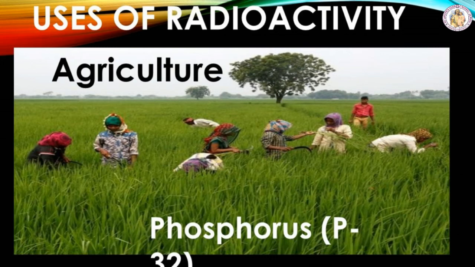Many radioisotopes can be obtained from radioactivity. These radioisotopes have found a wide variety of applications in the fields of medicine, agriculture, industry and archaeological research. Let's see agriculture. The radioisotope of phosphorus, P-32, helps to increase the productivity of crops.